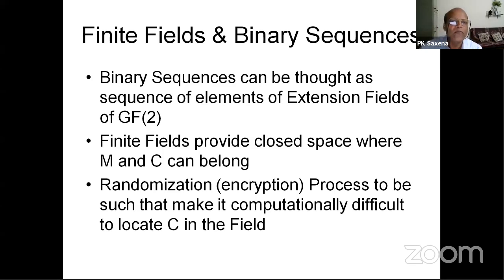So a group of, say, 64 zeros and ones gives us an element in this field with 64 elements, and in this field there are some operations available.